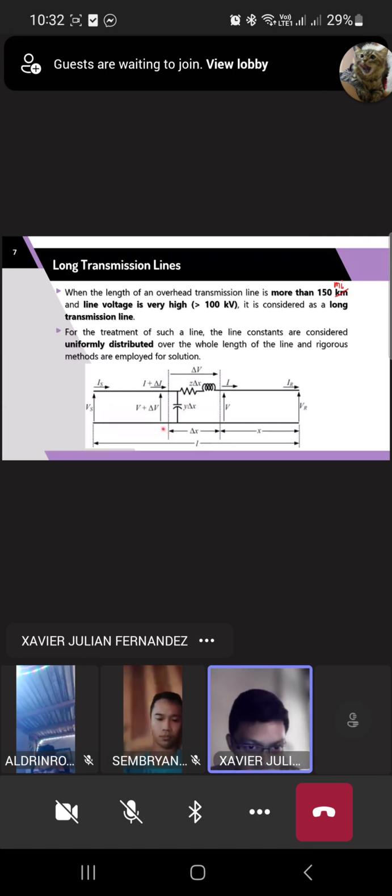For emphasis I'm drawing it, but actually it's very small. Your long transmission line has the conductance and impedance distributed all over the length. That's the long transmission line.